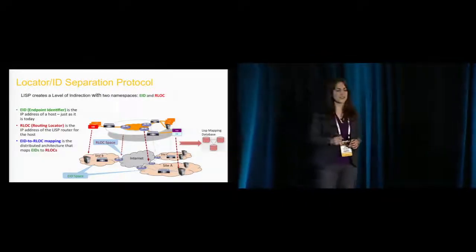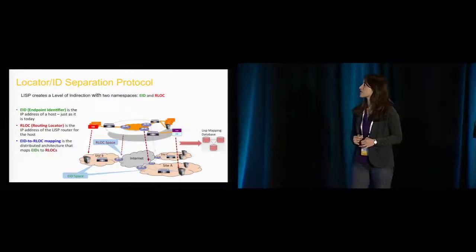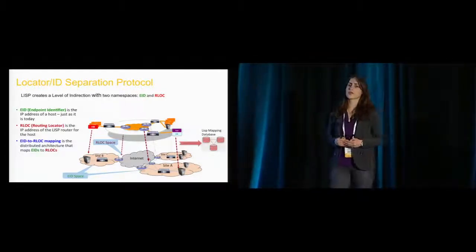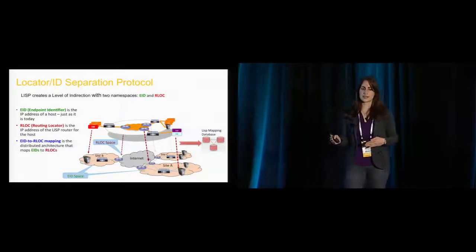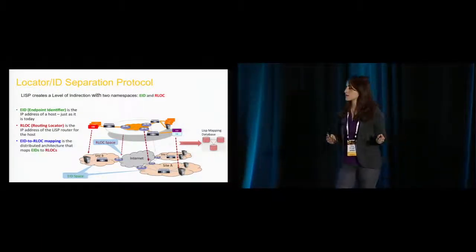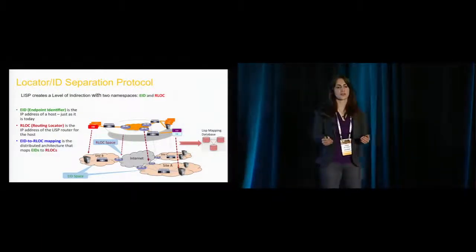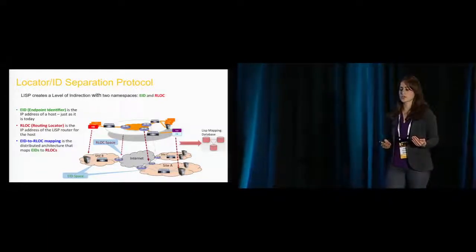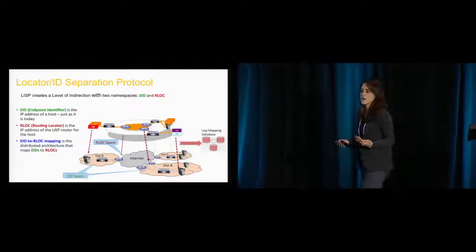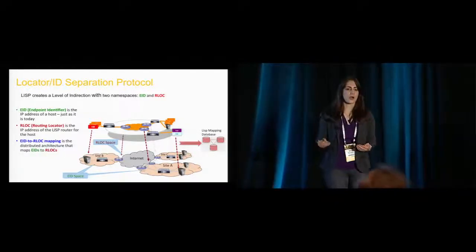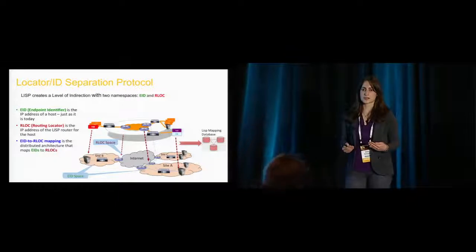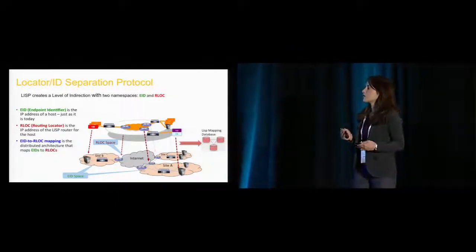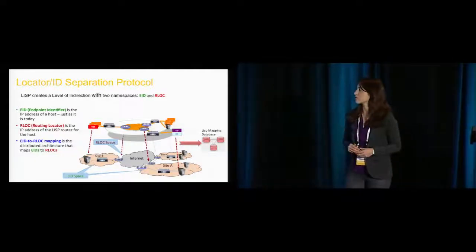As is clear from the name, Locator ID Separation Protocol, the Lisp protocol tries to provide a separation between host identity and host location. It does that by creating two different namespaces. The host identity or endpoint identity namespace, the EID, represents the identity of the hosts, and the routing locator or RLOC namespace represents the address by which you can reach the host, or basically what you can route your packets based on.